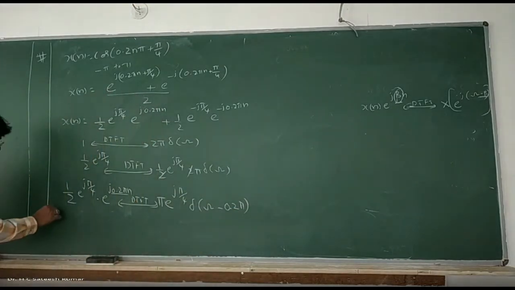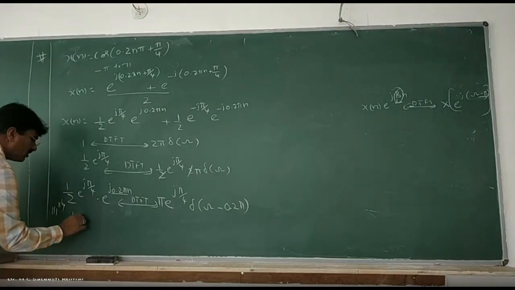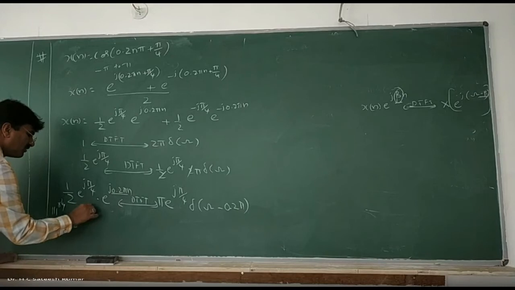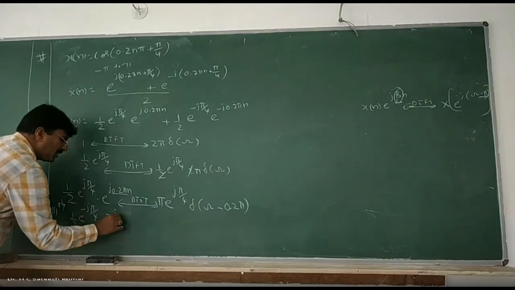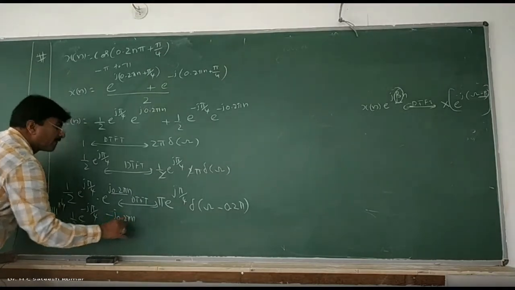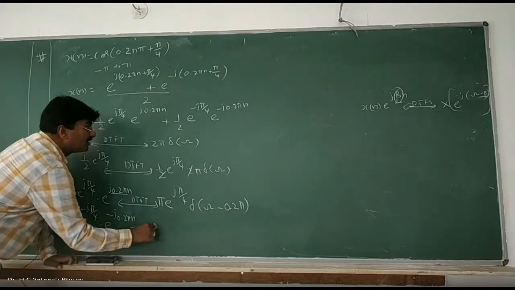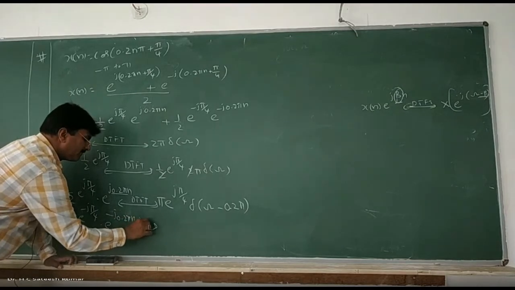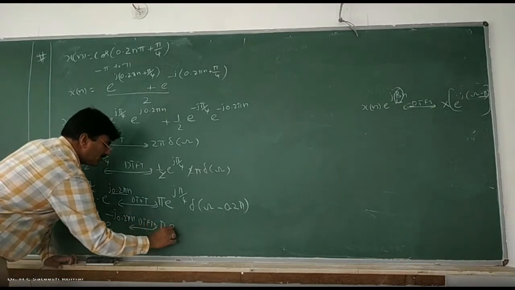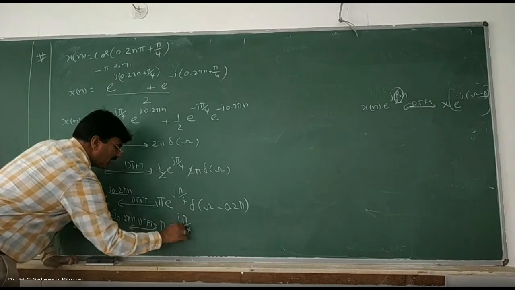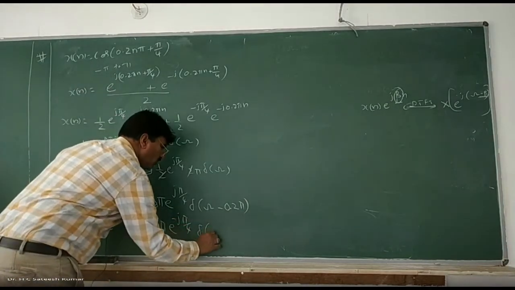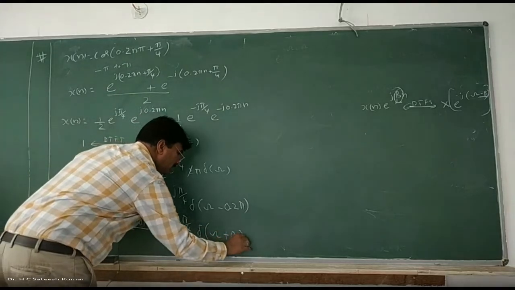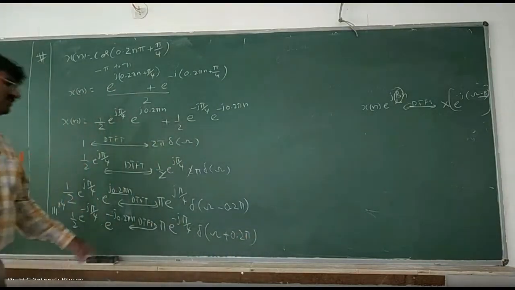Similarly, I will not do that. Once again, the second part: 1 by 2 into e to the power of minus j pi by 4 into e to the power of minus j 0.2 pi n has DTFT pi into e to the power of minus j pi by 4 delta of omega plus 0.2 pi, because minus is there.